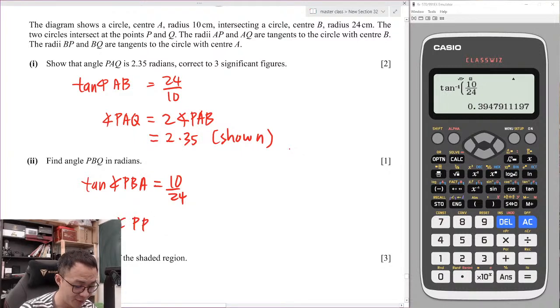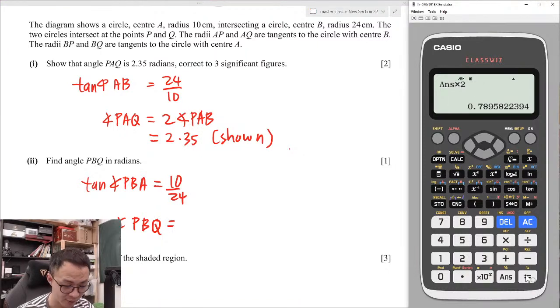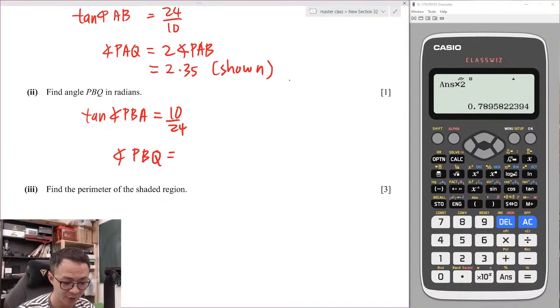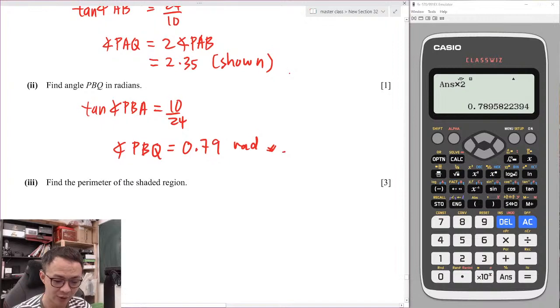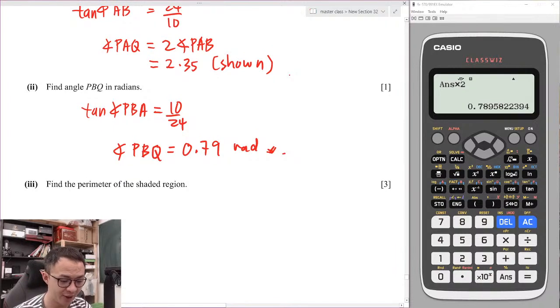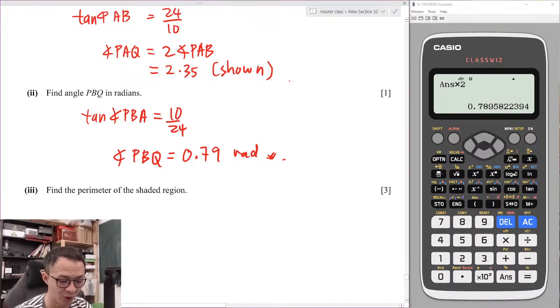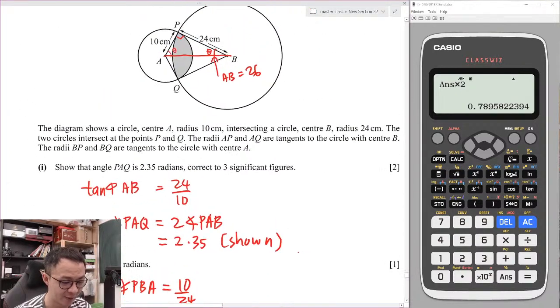Angle PBQ equals times 2, 0.79 radian. Maybe you can do more working, but it's only 1 mark, so this should be fine.